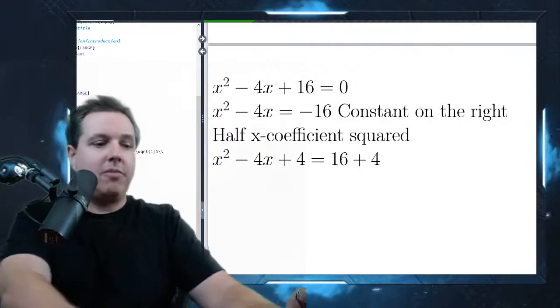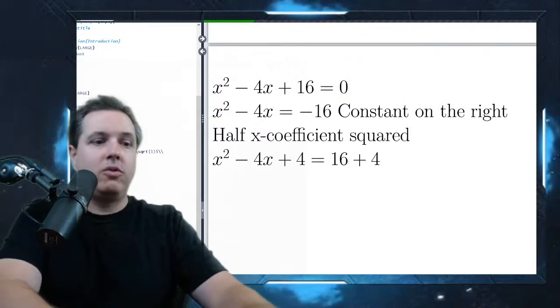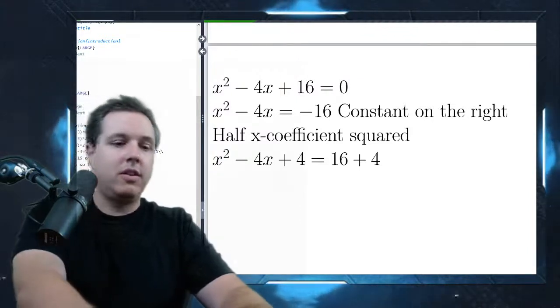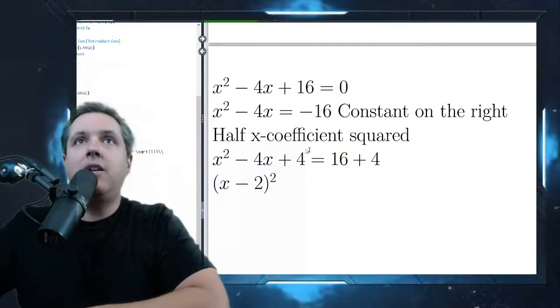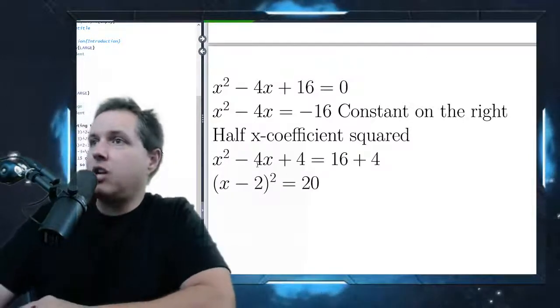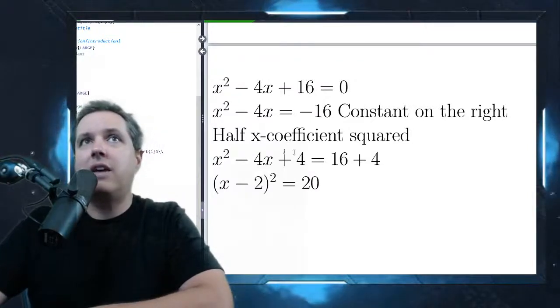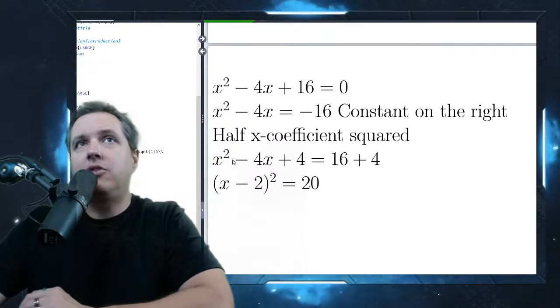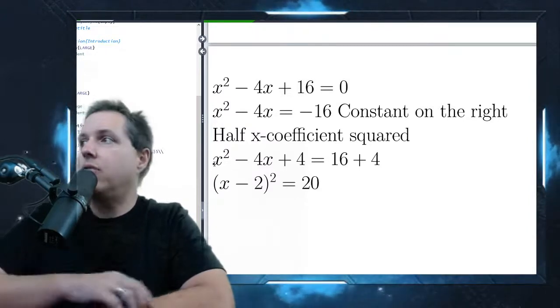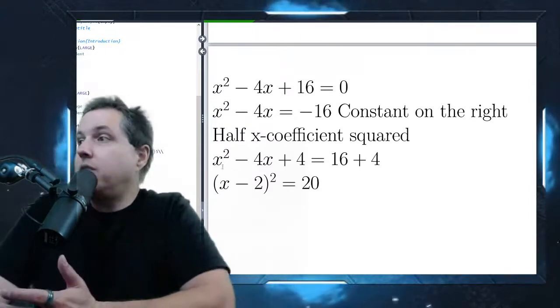The thing on the left becomes (x - 2) squared equals 20. And we go, wait, how did you do that? You just factored this. You did a chapter of all factoring. This is x minus 2 times x minus 2, which gives you this. How did you know that? It's because we forced it to happen.